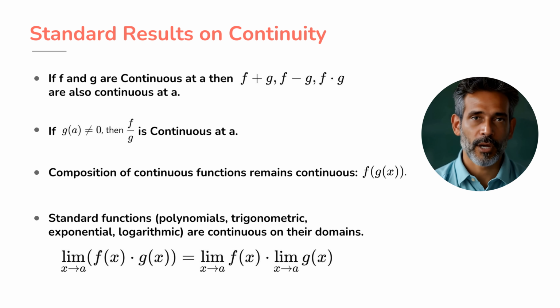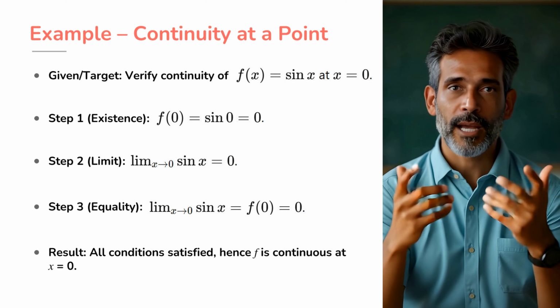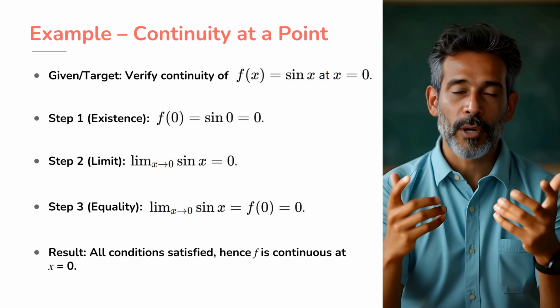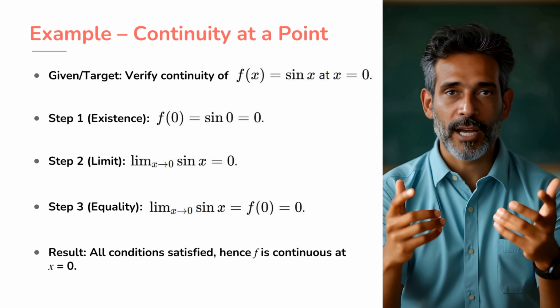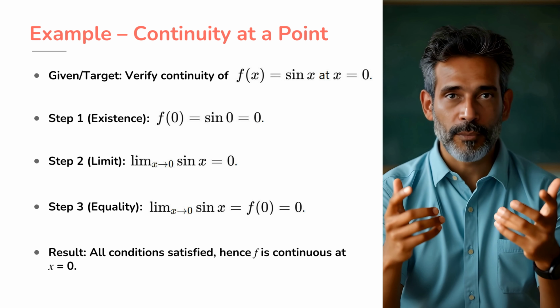In short, continuity is preserved under addition, subtraction, multiplication, division, and composition. Equation 4 shows it clearly. Limit as x tends to a of f of x times g of x equals limit of f times limit of g.